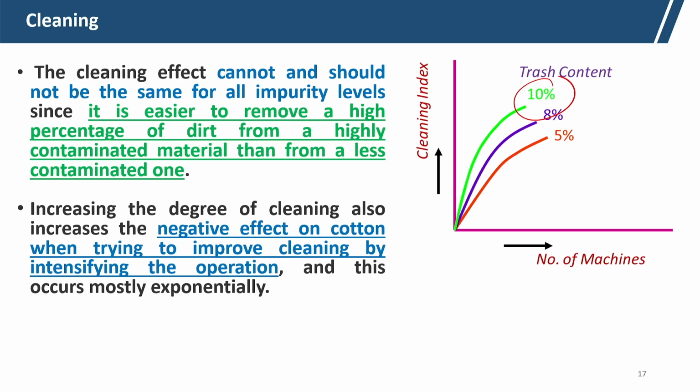So, increasing the degree of cleaning also increases the negative effect on cotton when we are trying to improve cleaning by intensive operation. That is what I have mentioned, because if we intensify the beating action, then it will actually create short fiber loss and also naps.